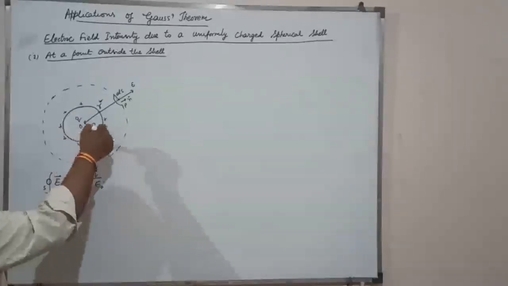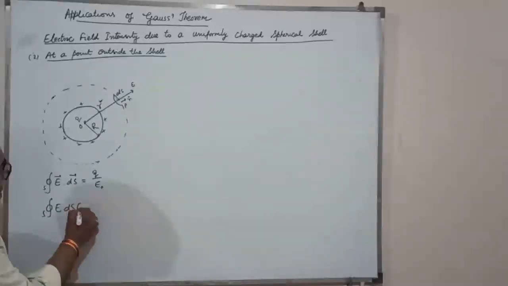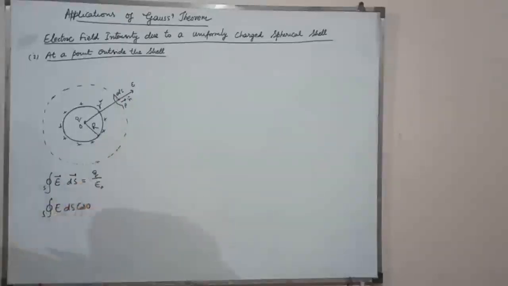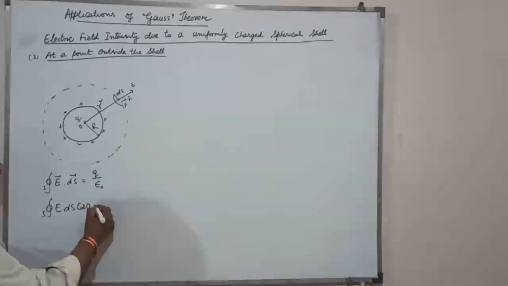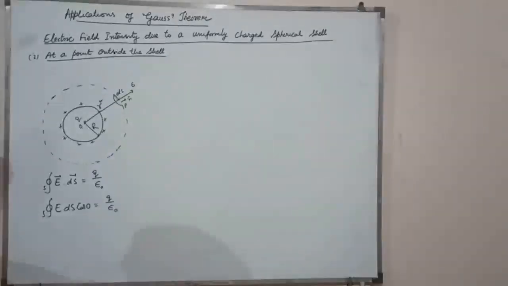Q is the charge given to this spherical shell. Or E ds cos 0, because E and ds both are parallel to each other, is equal to Q upon epsilon naught.